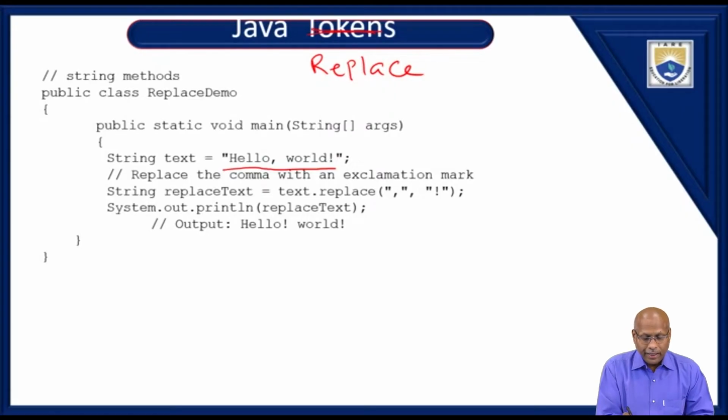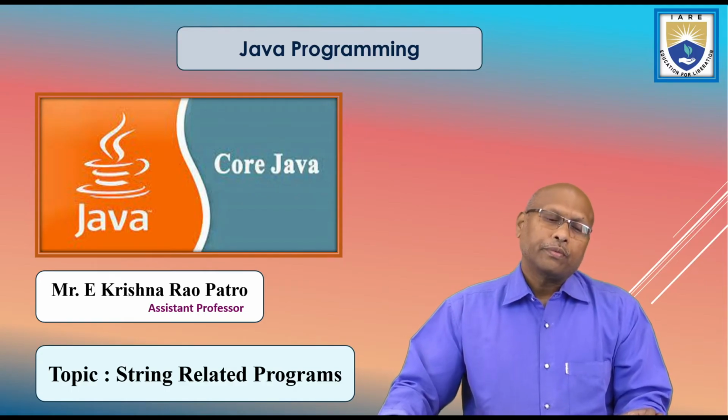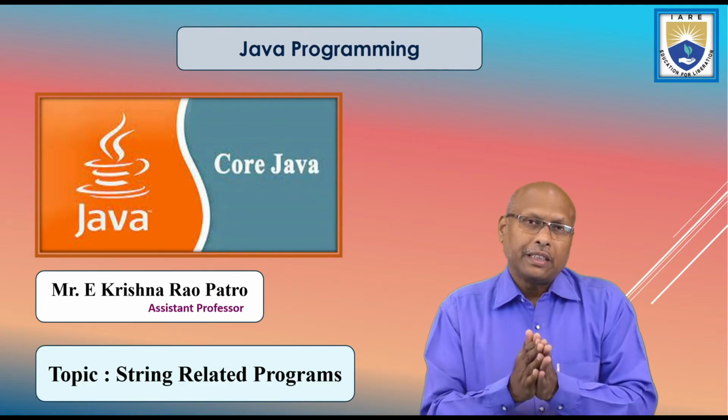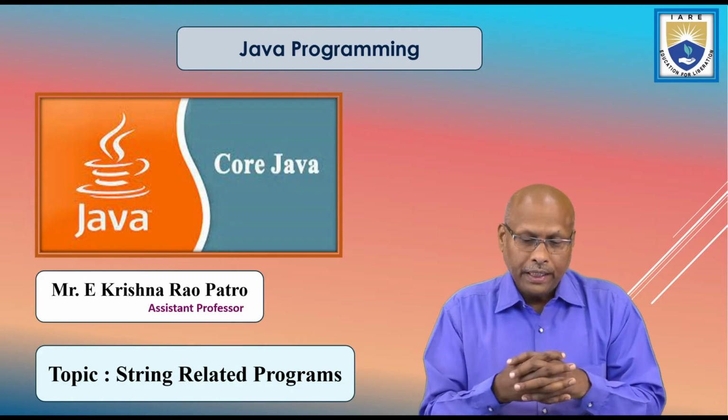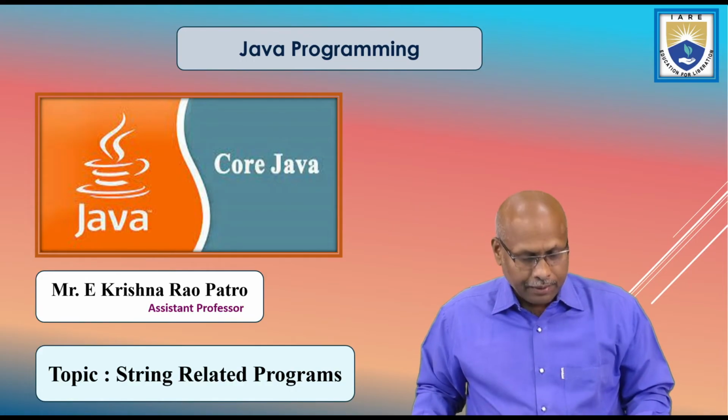So I will get the output "Hello! World". This is the way you can write. There are of course many methods, but these are the typical ones. Now I will show you those methods in our notepad. Then I will try to change those methods also.